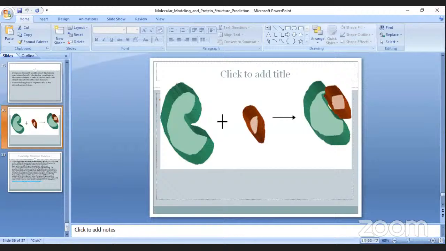So now I want to show you the docking. Can somebody share the screen for docking? Saidipya is there. Can you unmute and show the docking? Saidipya, can you unmute, please?